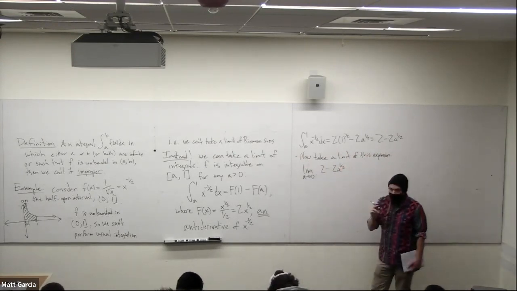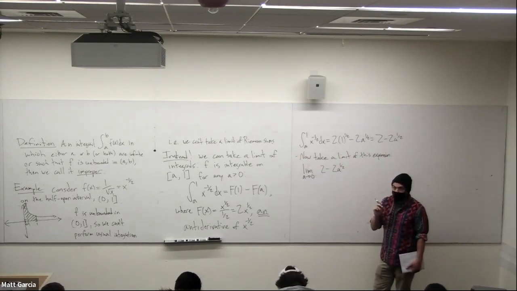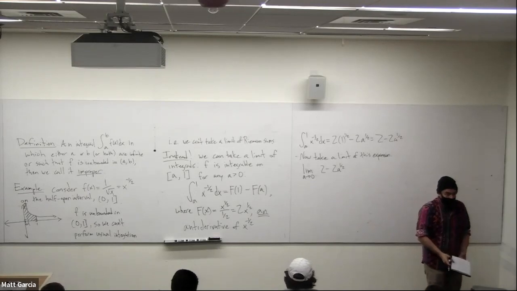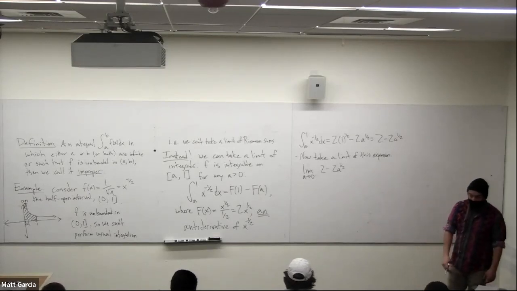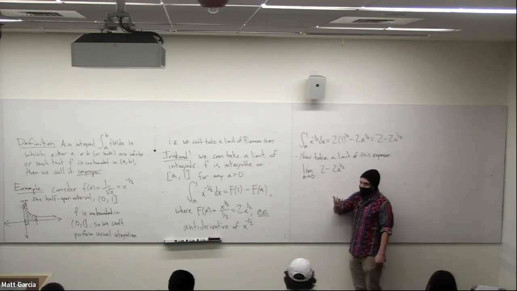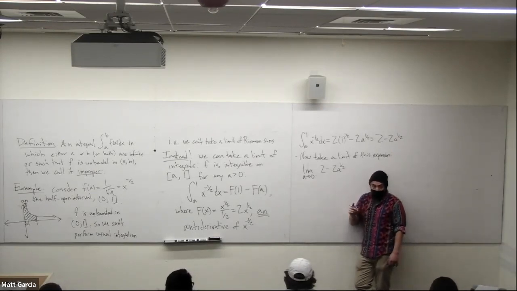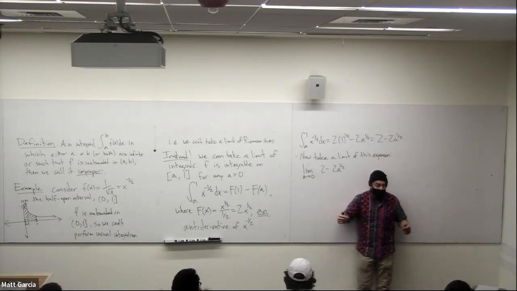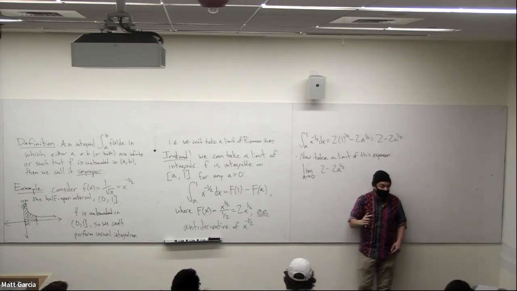I'm missing one critical detail here. Remember that when we take a limit, when I write something of this form, what I mean is that we're approaching the value, 0 in this case, from both the left and the right. And we can approach from a single side.